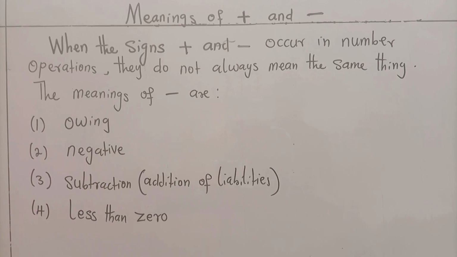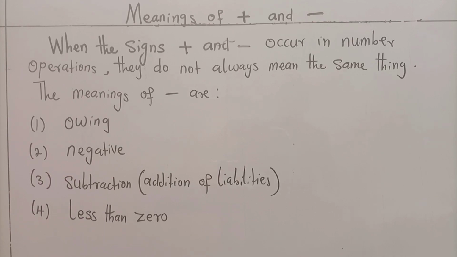As I said earlier, notice that each meaning of minus is a stark opposite of the meaning of its counterpart, which is plus. While plus meant having, this minus has come to mean owing. While plus meant positive, this minus has come to mean negative. While plus meant addition, especially addition of assets, this minus has come to mean subtraction, that is addition of liabilities.